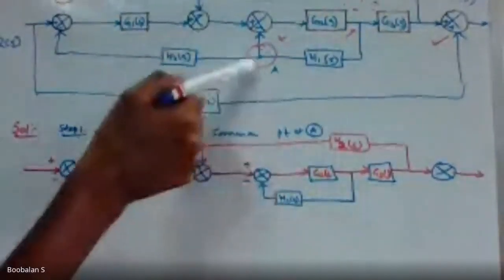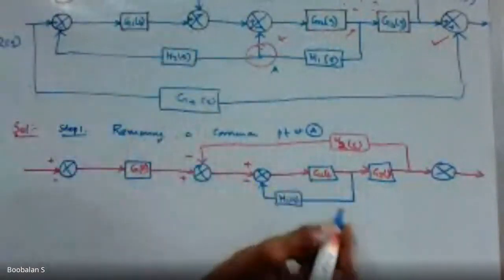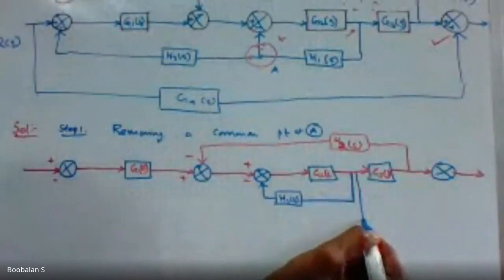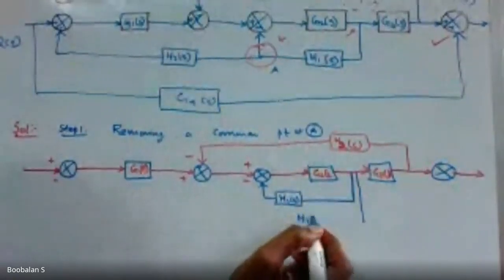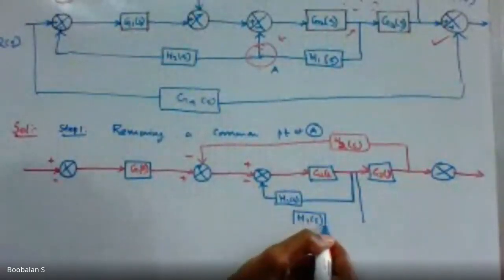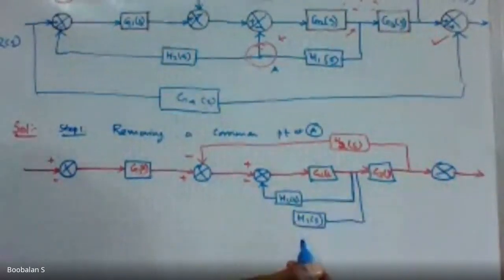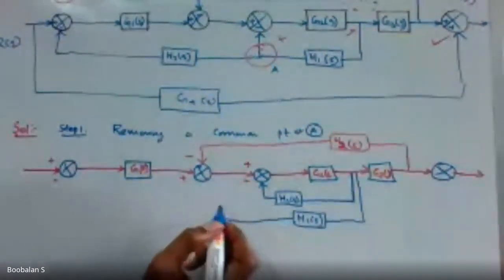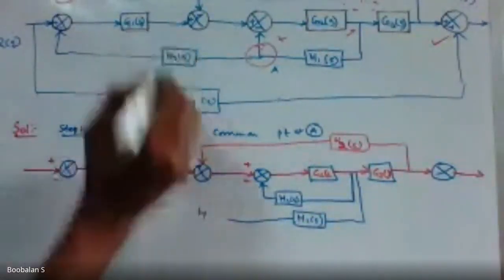There is one more common point which goes to G2. Instead of that, I'm bringing one more takeoff point and drawing an individual diagram. These are small changes. Now this H1 is multiplied with the same H1.